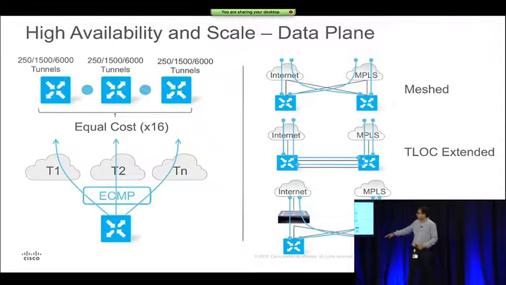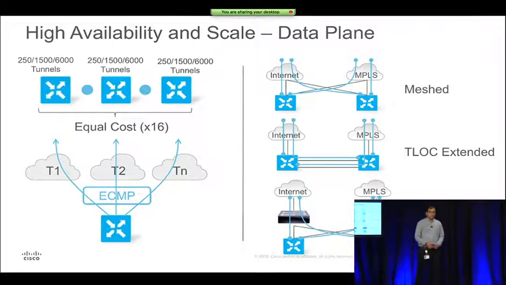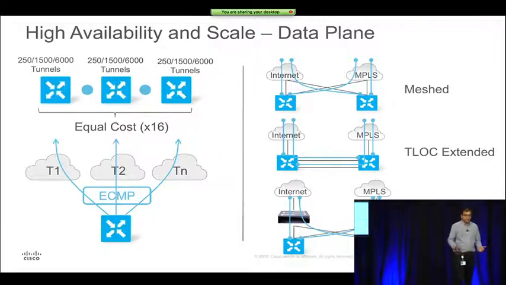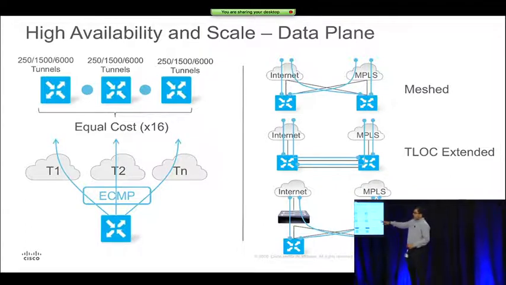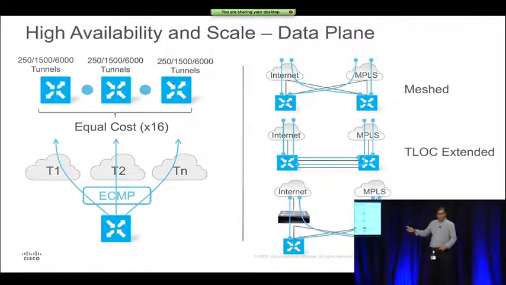A customer can also have a remote site where it has only one MPLS and one internet, but at the same time it wants transport redundancy on both the platforms it's deploying. So there is another deployment option which we call using T-lock extension. We can terminate one type of transport on one box, like internet on one and MPLS on the other, and have an interlink to extend one transport over the other.